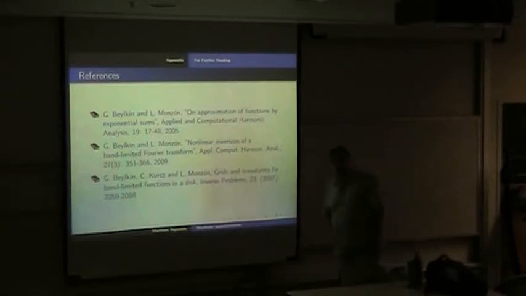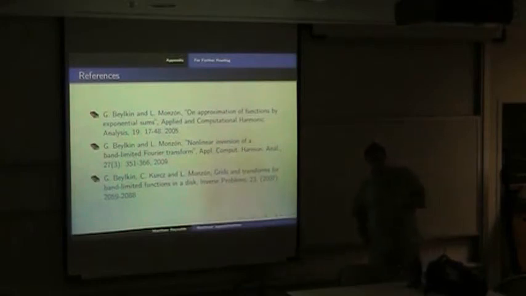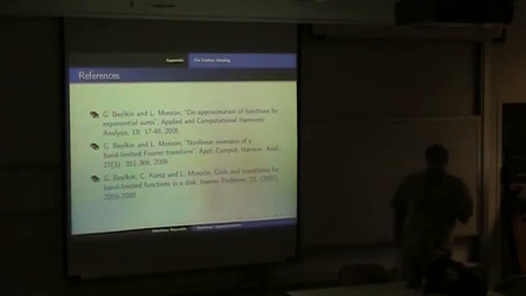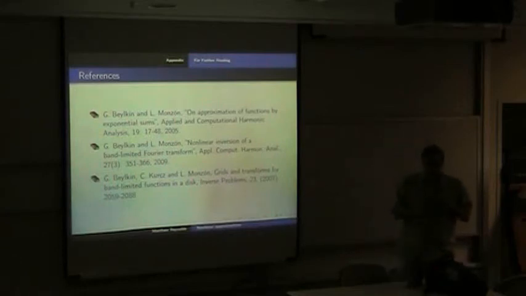Okay. So that's actually something that I'm going to be trying to do in my thesis. I'm going to be applying these techniques to electron microscopy and X-ray tomography type problems where I do exactly that. So I guess the cop-out answer is I'll tell you in a little bit. But the idea is that what we're approximating in the Fourier domain doesn't have to have exponential decay. That's not a requirement.